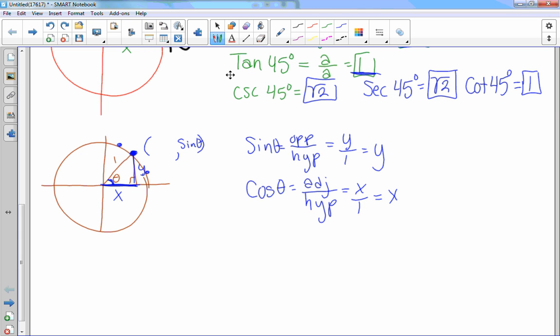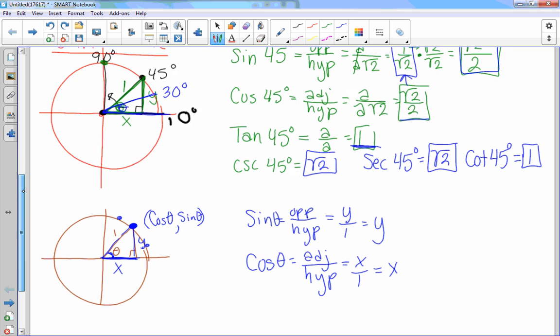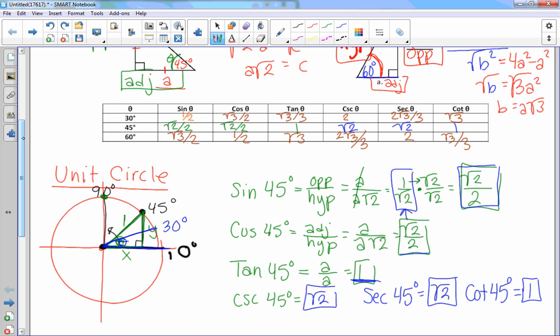Oh, so cosine, and we'll work with this a lot more next year. This is just a brief introduction. Cosine is the x-coordinate of any angle on the unit circle. So all those cosines, this root 3 over 2, root 2 over 2, 1/2 are the x-coordinates of the points.